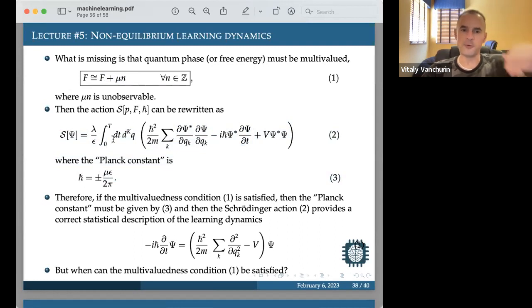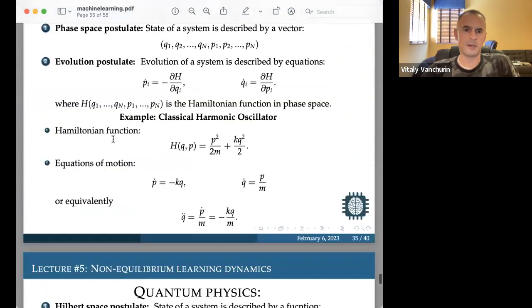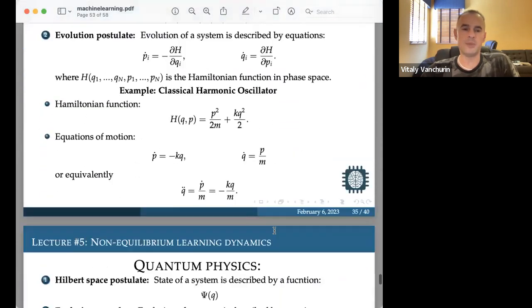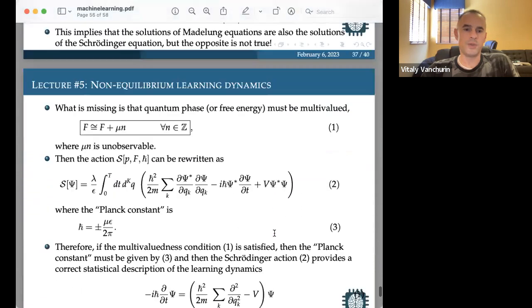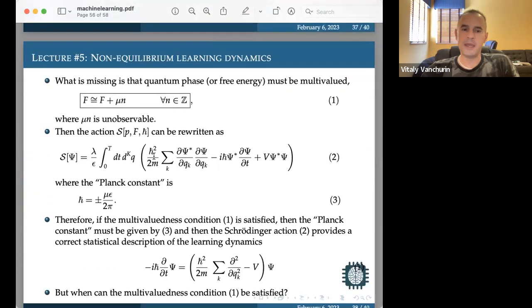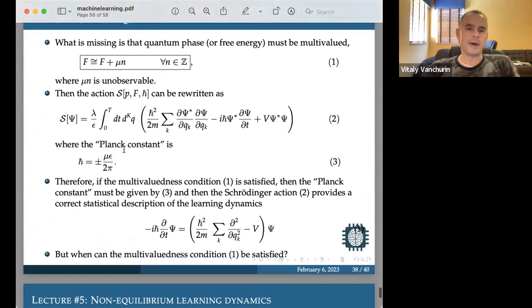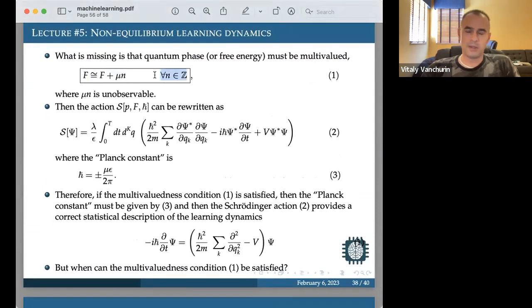The action that we had before, with that observable shift, can be replaced with this action, and once we have that action, we are no longer varying with respect to P and F. We'll be varying with respect to psi, which now has both components, both P and F. Okay, now that's all great. Again, I put it in the box because that's important. If we have that, then we're in business, right?